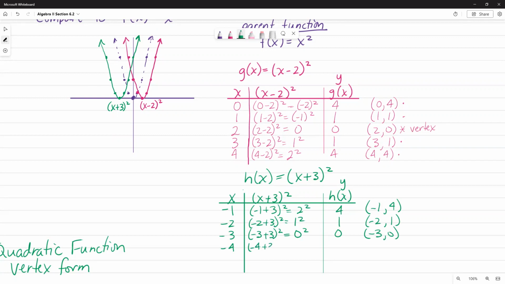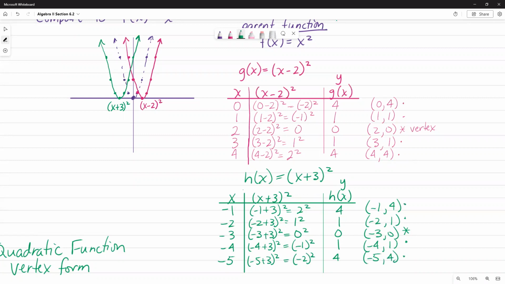It's -4 plus 3 squared, which is -1 squared, so that's still positive. Negative times negative, positive. So -4, and then here's our point of symmetry, which means that's going to be our vertex. -5 is -5 plus 3 squared, so -2 squared, but still gives us a positive 4.